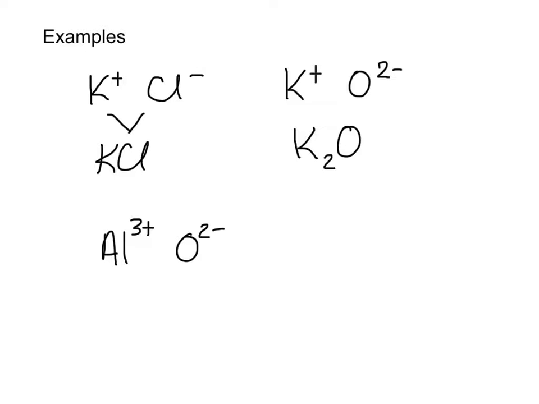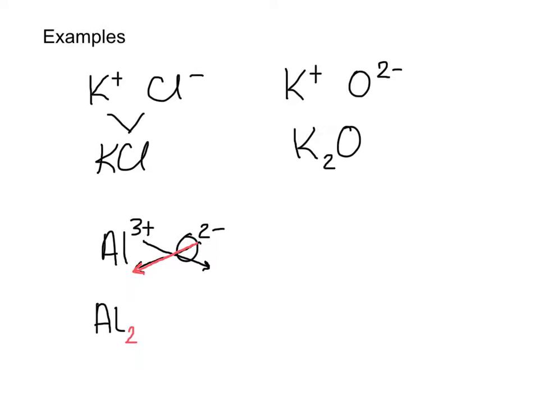If you get rid of the charges and crisscross just the numbers down to subscripts, so on the aluminum, we're going to crisscross this -2 and get rid of the charge and just put a 2 down there.